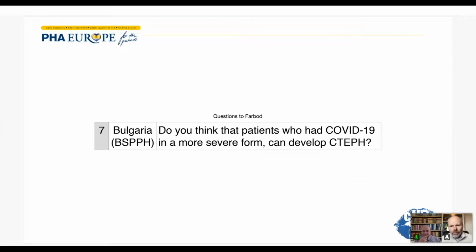A question from Bulgaria. Do you think that patients who had COVID-19 in a more severe form can develop CTEPH? Yeah, so this is a very hot topic because from the get-go in COVID, it was very, very evident that patients with COVID-19 have a prothrombotic state, meaning they form clots easier than your average sick patient.